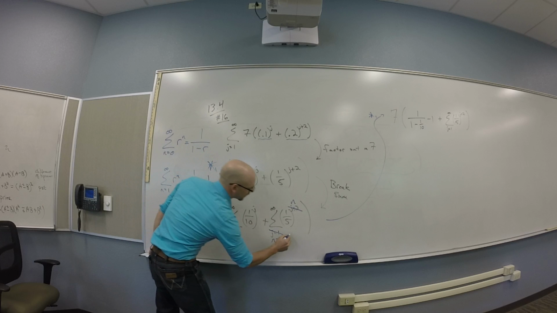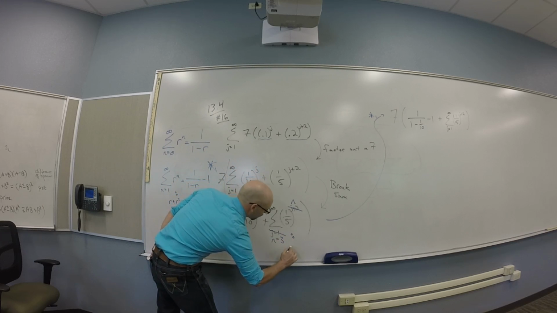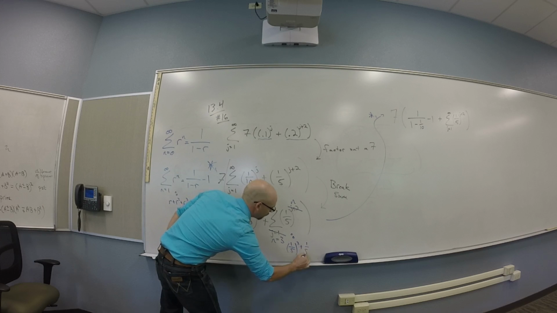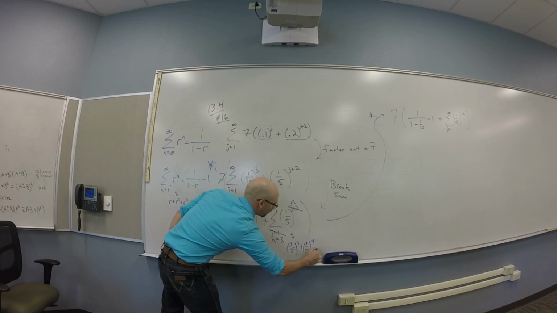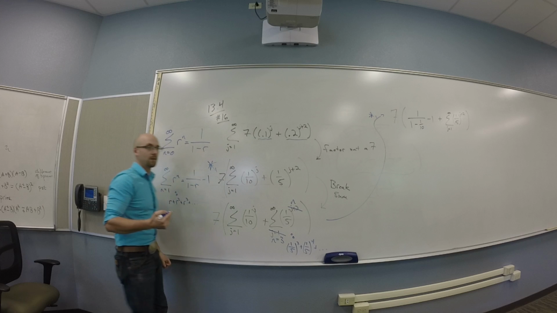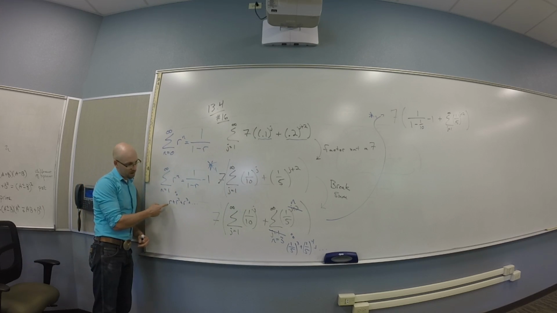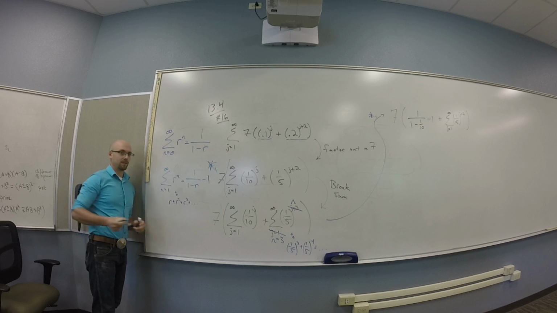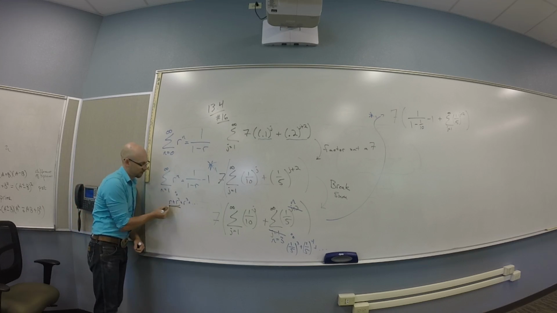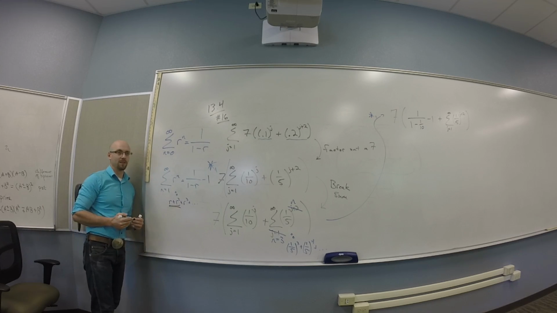And this guy starts at 1/5 cubed plus 1/5 to the 4th plus and so on, right? So I need to get rid of those two. Those are extra, right?